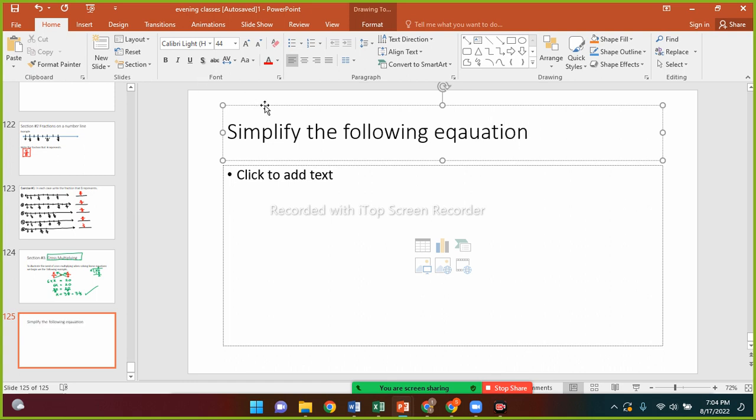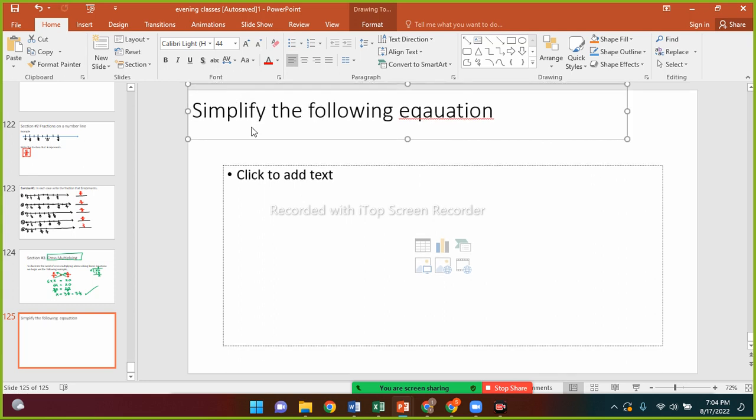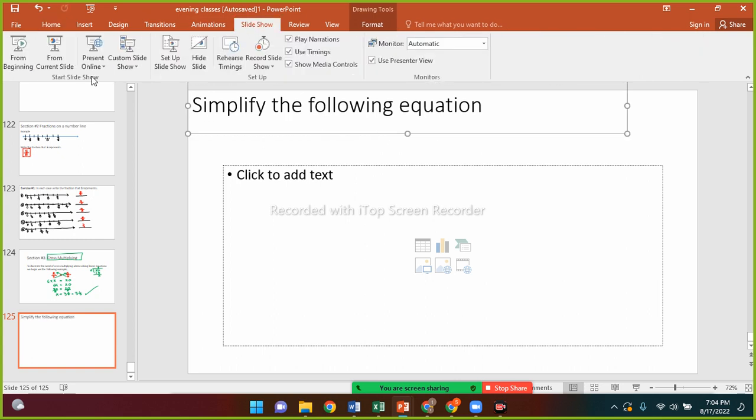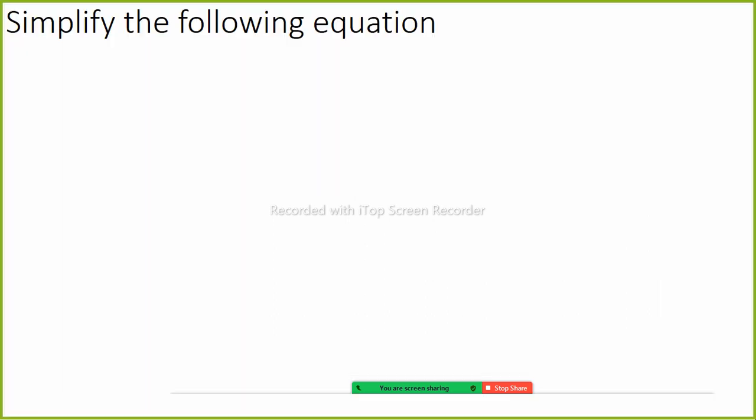That's our goal. And remember the technique that we're trying to use. We're trying to use the technique of cross multiplication.